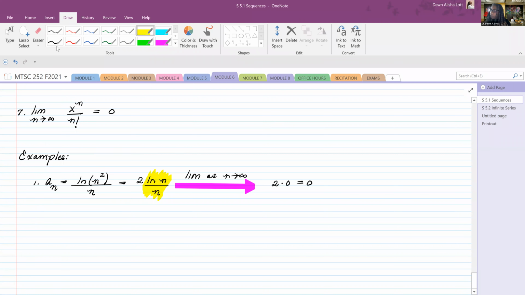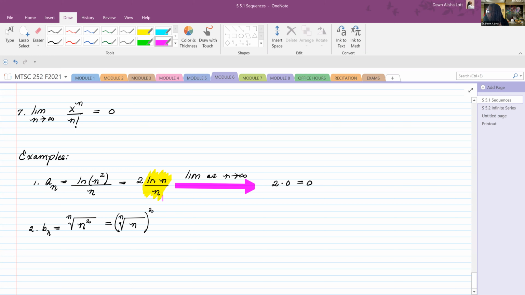b_n is equal to the nth root of n squared. You will see that kind of thing a lot. So you're going to need to rewrite that as the nth root of n, squared.